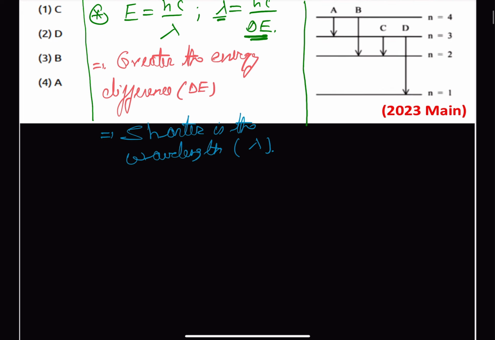And we already know the standard formula for energy levels in hydrogen atom, and we are given various energy levels 1, 2, 3 and 4 respectively. We are going to find E1, E2, E3 and E4.